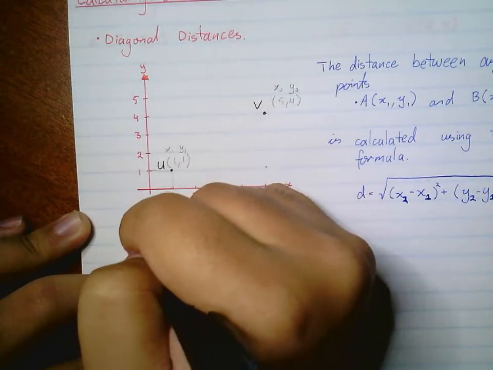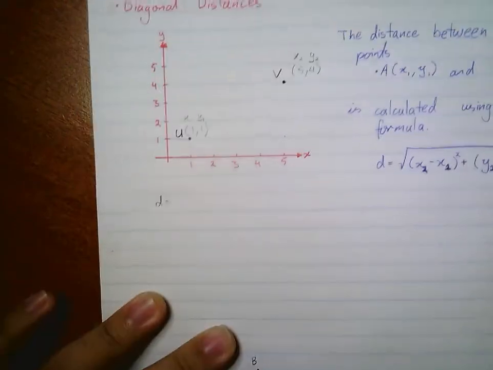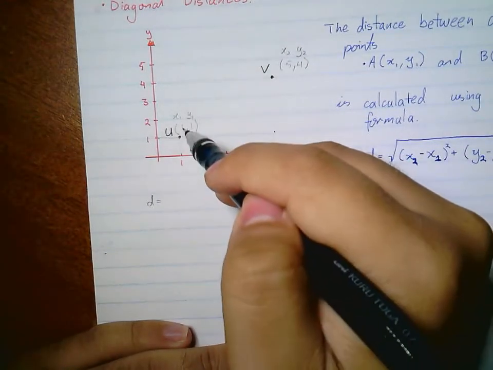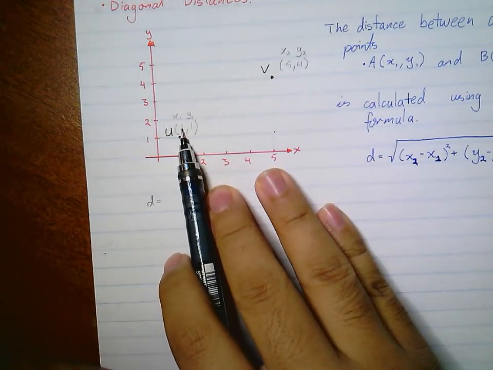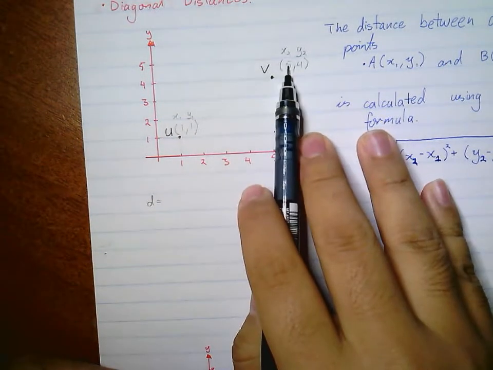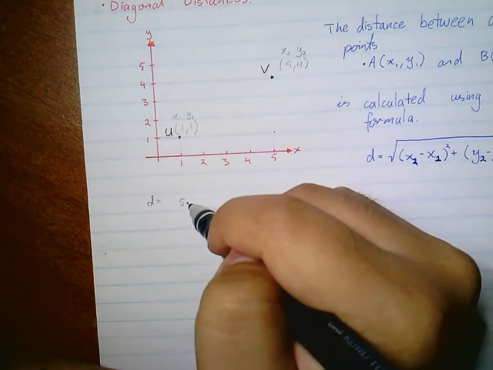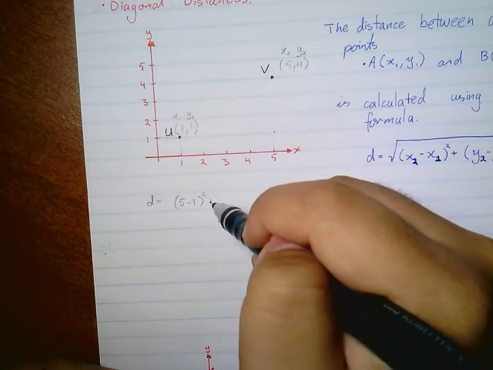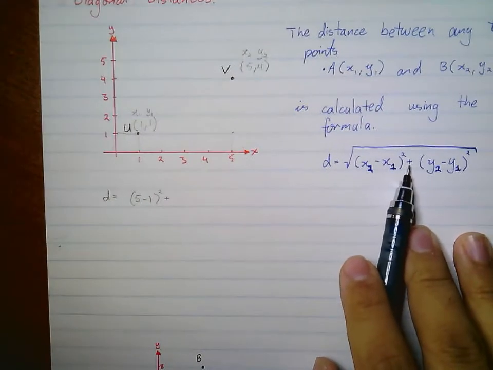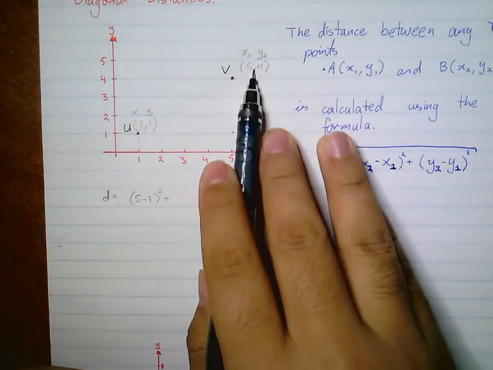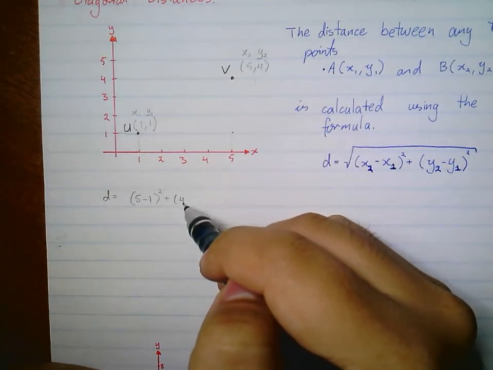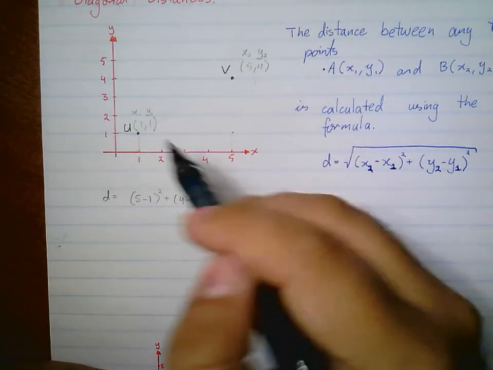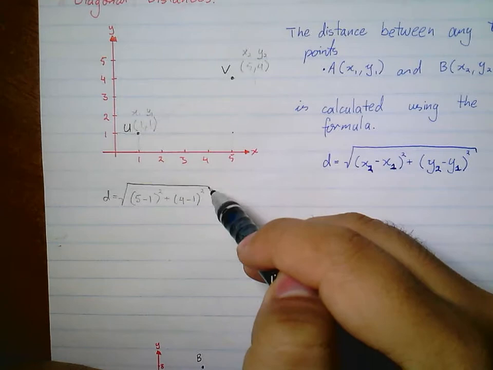So we'll write it as distance is equal to, I actually don't draw the square root first, I do that last. So x2 is 5 minus 1 squared plus y2, which is 4, minus 1 all squared, and then I square root everything.